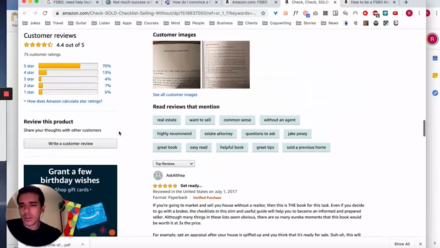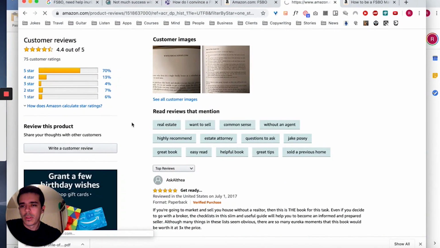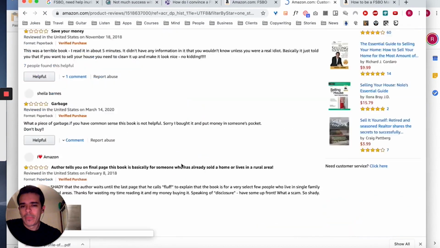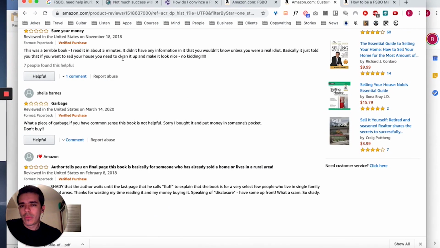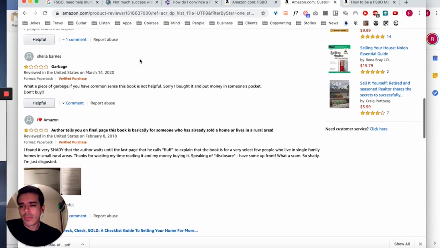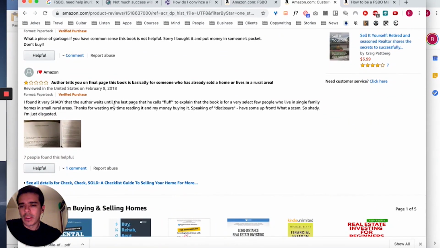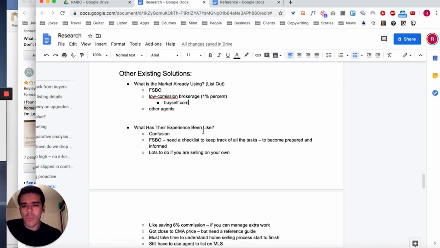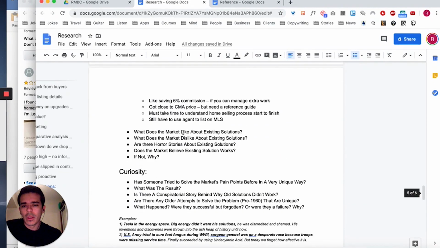Okay, so let's look at the 1 stars and see what their issue was. I find it very shady that the author waits until the last page that he calls fluff to explain that the book is for a very select few people who live in a single family home in rural areas. Cool. So, what don't they like?